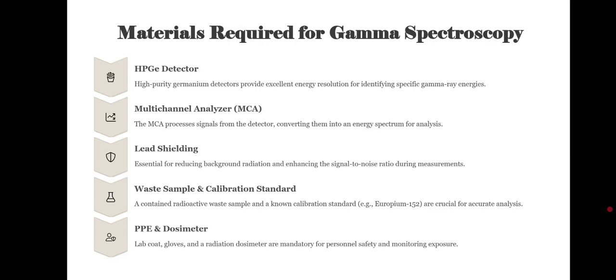Lead shielding reduces background interference and enhances the signal to noise ratio during measurements. The sample and calibration standard are needed for accuracy. And safety gear like PPE, which includes lab gloves and a radiation dosimeter, is mandatory for personal safety and immediate repair.